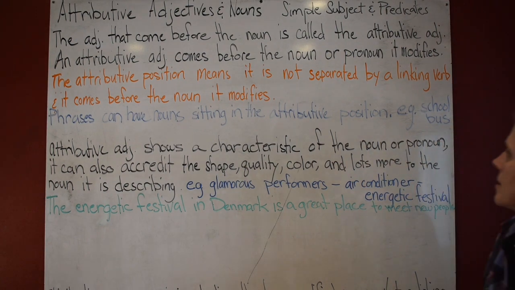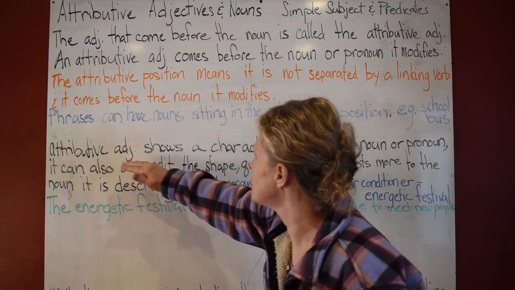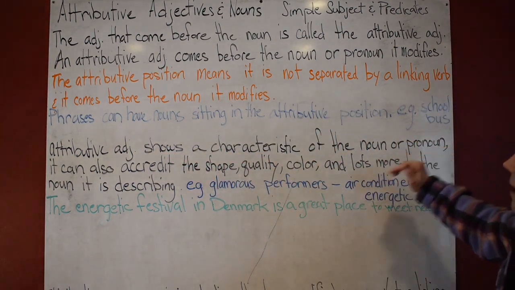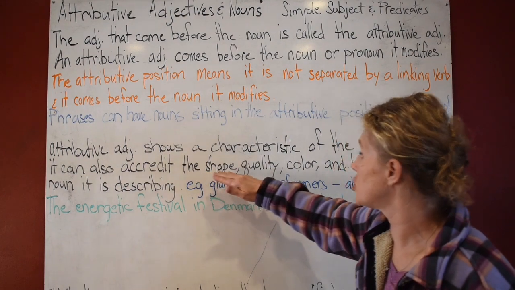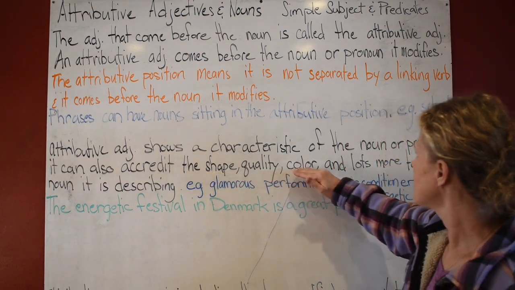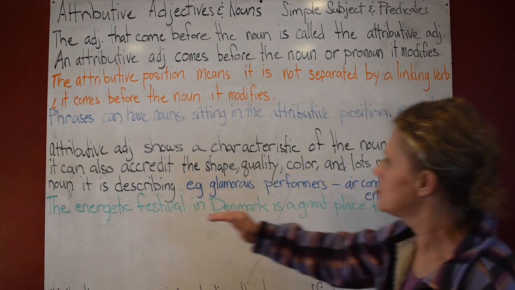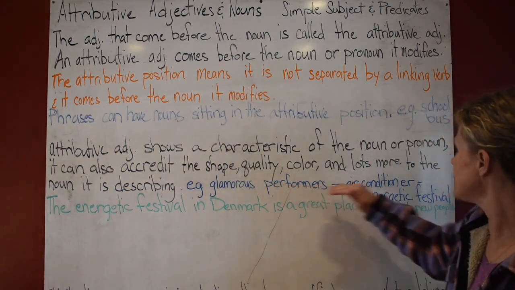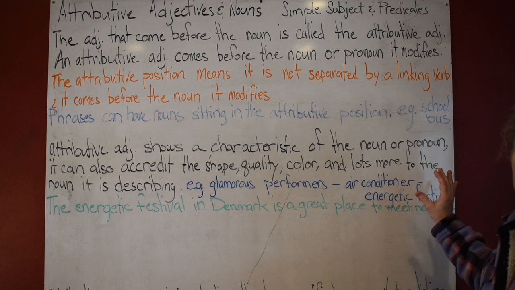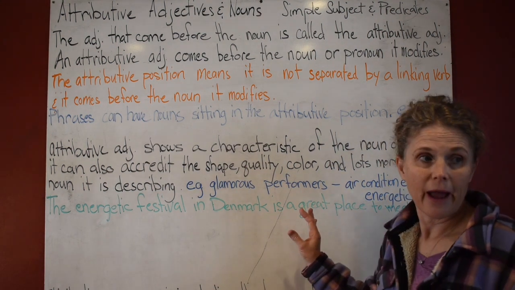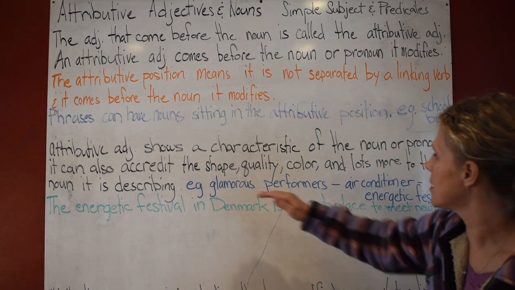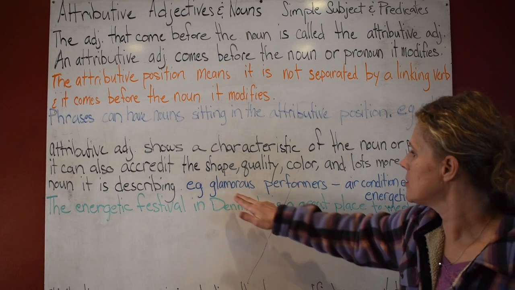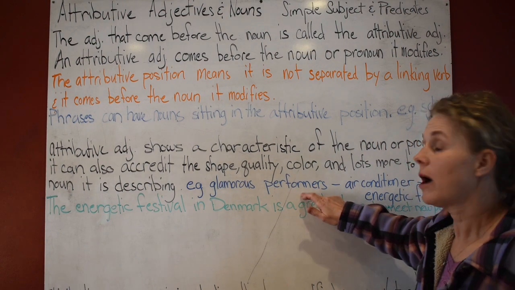Attributive adjectives show a characteristic of the noun or pronoun. It can also attribute the shape, quality, color, and lots more to the noun it describes. Here are some examples, and I want you to tell me which one has the attributive adjective in it. Glamorous performers. See how it's in front of your noun?